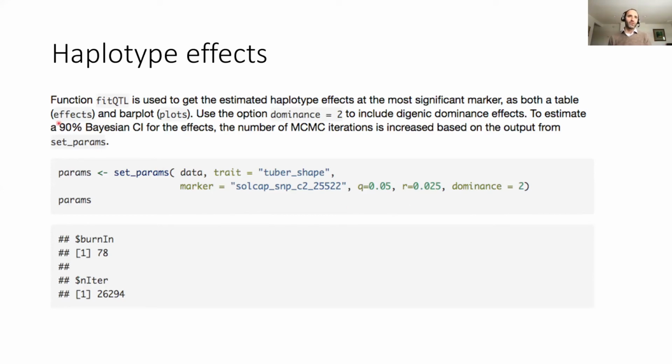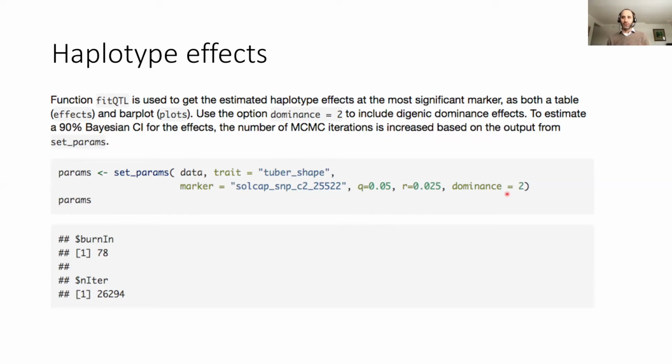So if you want to use, say, a 90% credible interval for your haplotype effects, one rationale would be to say use a Q of 0.05 and an R of 0.025. Again, those are just kind of recommendations. You can play around with that if you want, but now we can also tell the setParams to only focus on this marker instead of trying to get a value that works across the whole genome.